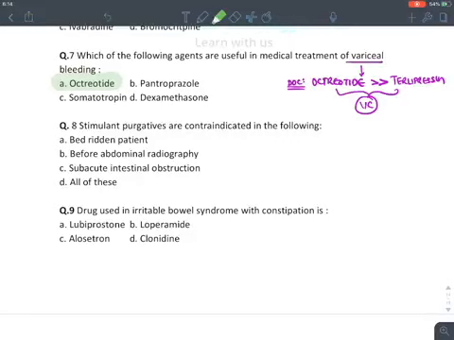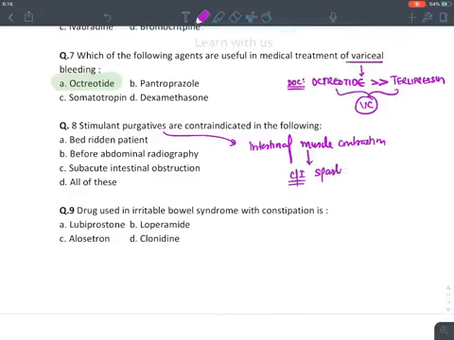Stimulant purgatives are contraindicated in the following conditions. Remember, stimulant purgatives cause intestinal contraction. They directly cause intestinal muscle contraction. Because of this reason, they are absolutely contraindicated in spastic colon and in intestinal obstruction.